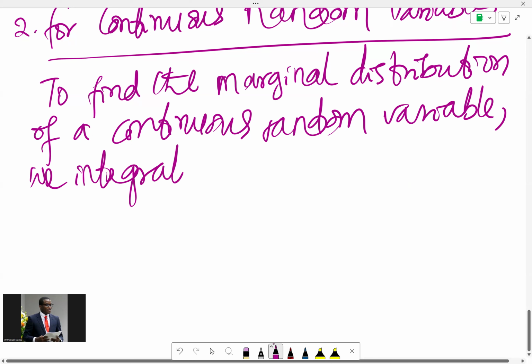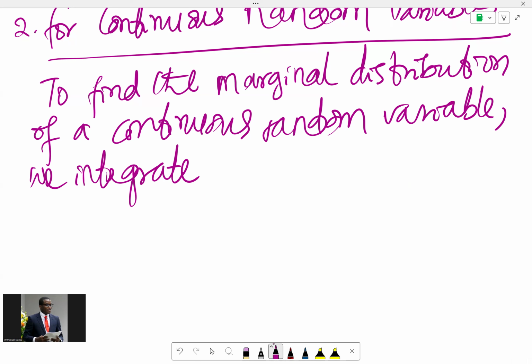Don't forget, for discrete, we always sum things up. For continuous, we integrate. So integration for continuous random variables is analogous to summing up for discrete random variables.